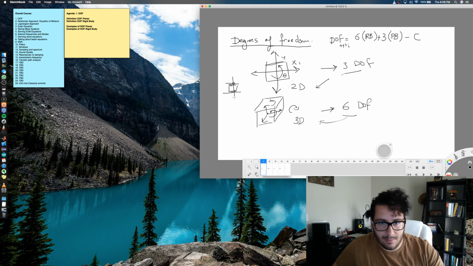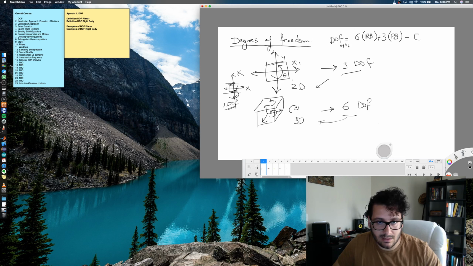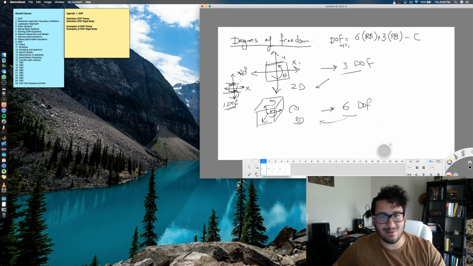That body basically can't move in this direction, and it can't rotate either because it's constrained. So it can only move up and down. So that is a 1 degree of freedom body. It can only move in this direction, which is the X direction. No movement in Y direction, so no Y.